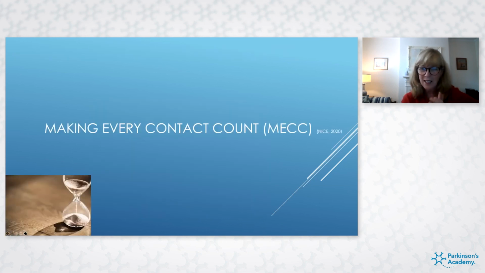Okay, one thing that came out in NICE in 2020, which I want to share with you, I think it's really, really important, is that we all make every contact count. It is very important to get the balance of patient need, clinical need, and getting that assessment right.